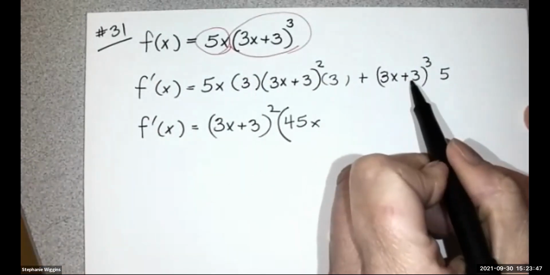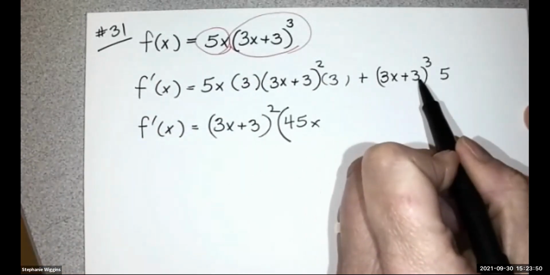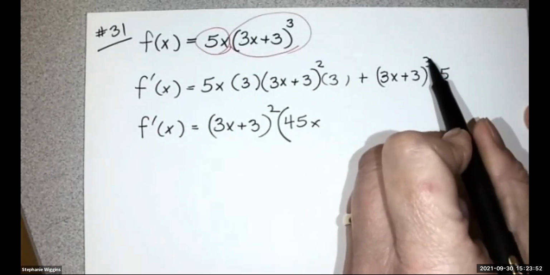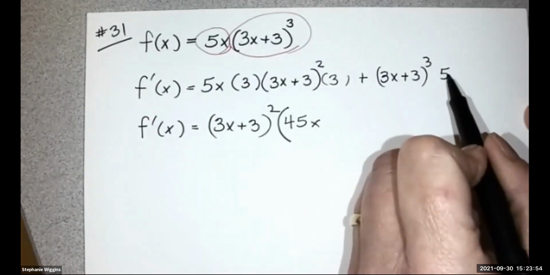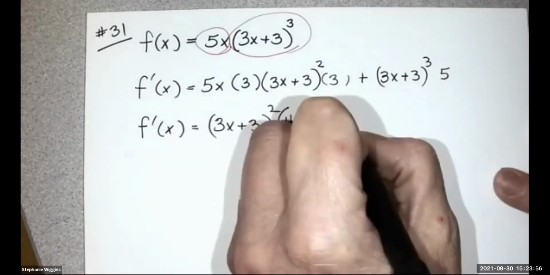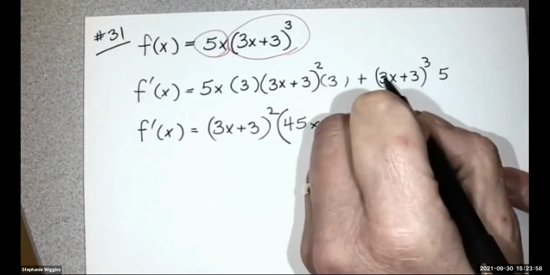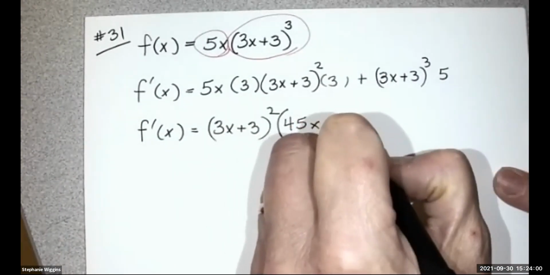Okay, and then over here, we took out 3x plus 3 squared, but we had an extra one. And then we multiplied that by 5. So it's going to be plus 15x plus 15.